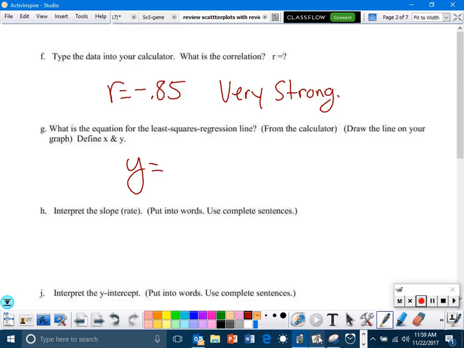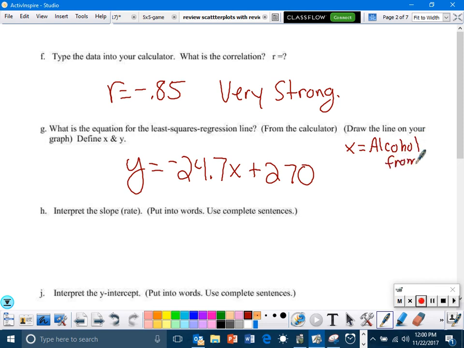So my equation is y equals negative 24.7x plus 270. And remember, x is representing the alcohol from wine, and y is representing heart disease deaths.